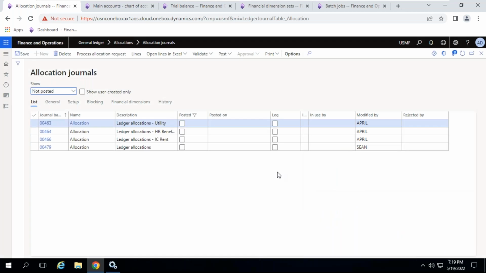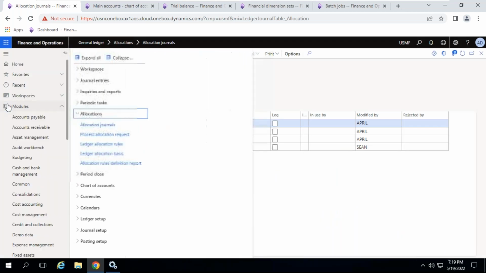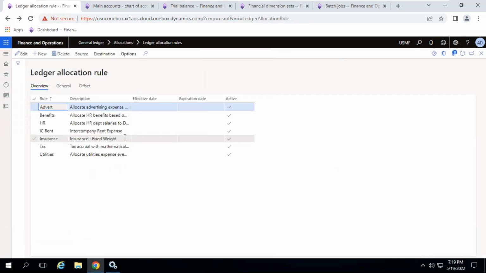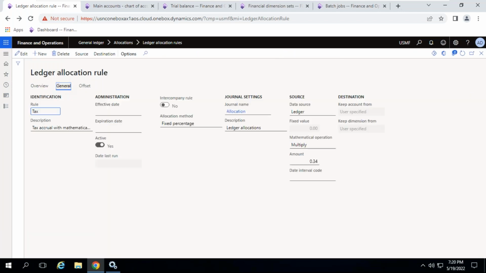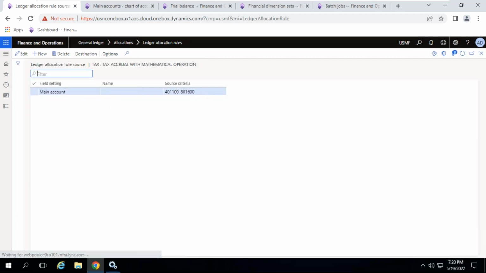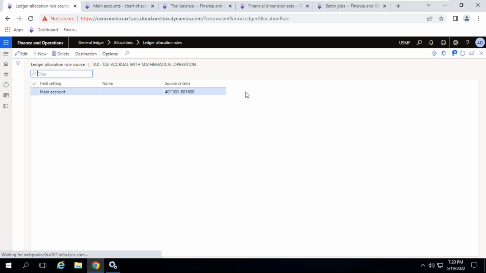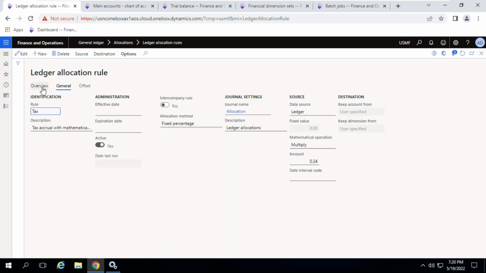Welcome. Now we understood about fixed weight. In the same manner, if it is a fixed percentage, you need to enter source, you need to enter destination, and in the destination you need to mention the percentage. Rather than this one, I will give you another example.